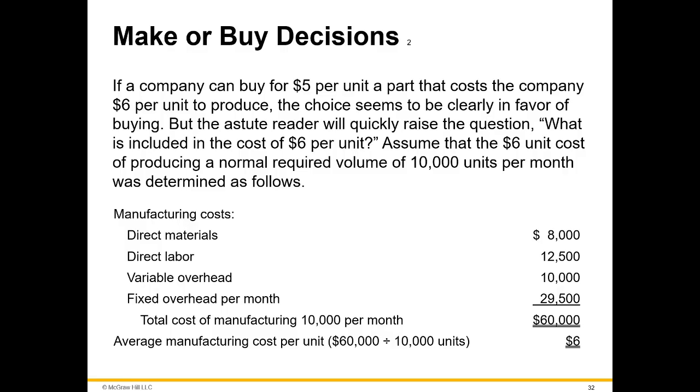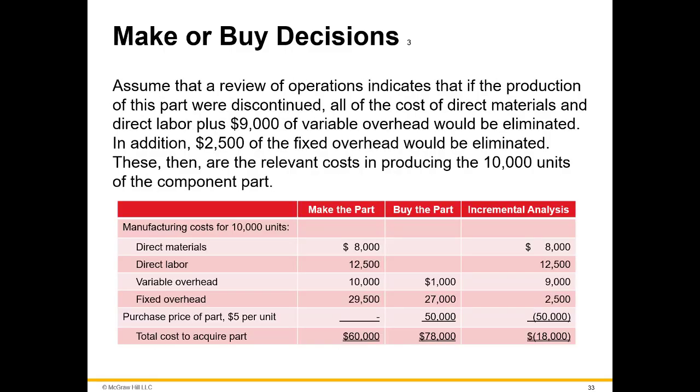But the astute reader will quickly raise the question, what is included in the cost of $6 per unit? Assume that the $6 unit cost of producing a normal required volume of 10,000 units per month is determined this way. So here's the direct materials, direct labor, factory overhead. But that fixed overhead is a big component of that $6. So let's do an incremental analysis.